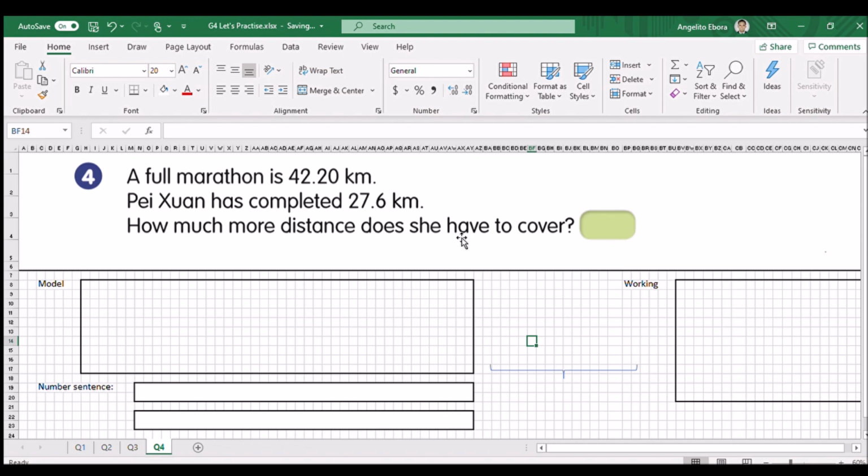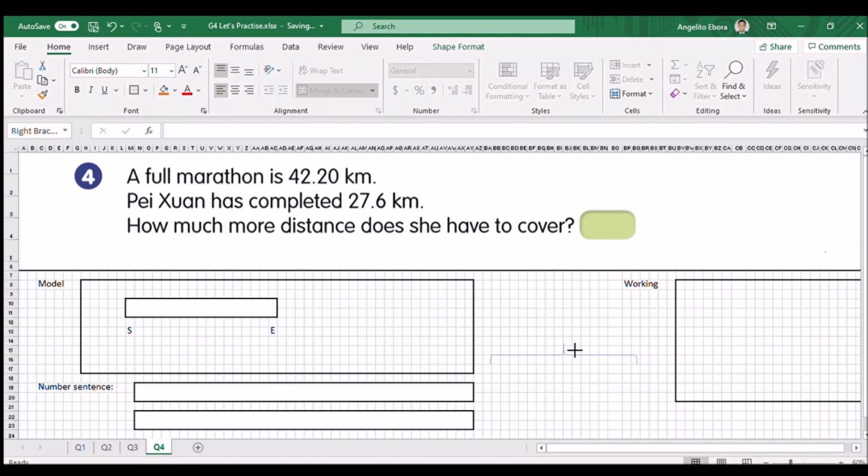So let's say this is the full marathon. He has to travel from here until here. I will write start S and then end. Please draw the model to help you. So this one is the full marathon, 42.20.